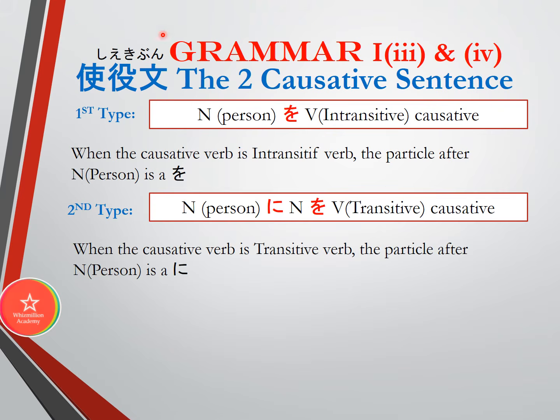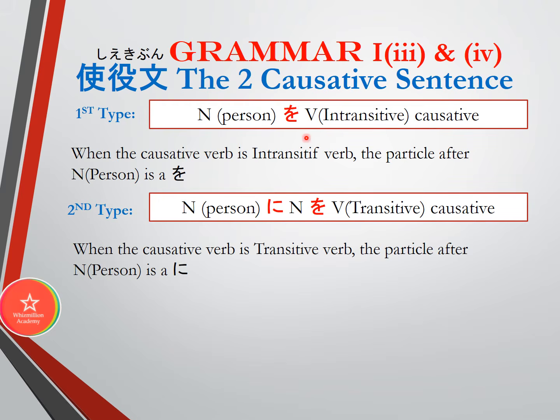There are two types of sentence structures that could explain a compulsion or a permission using the causative verb form. The first type is where the person receiving the instruction or the permission has the particle を attached to it. The second type is where the particle attached is に.